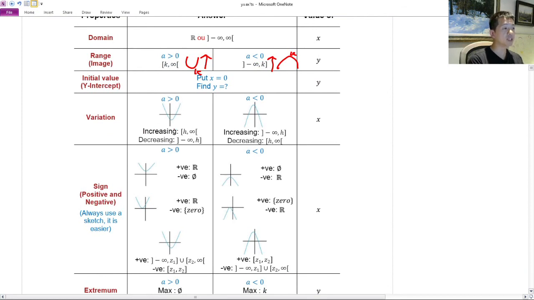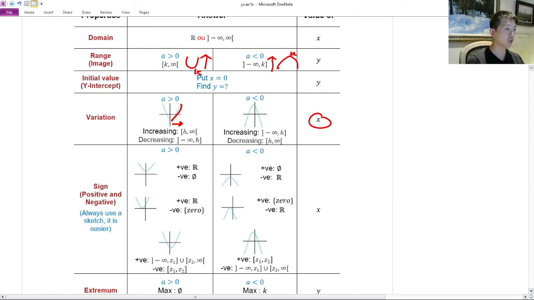Now variation, increasing and decreasing. When does it increase and when does it decrease? Okay, increasing is when it's opening upward. Increasing is actually the part that is going up. So from H to infinity, we represent this using the value of X, sorry, so always using the value of X. That's why I have to use the arrow that is horizontal, looking at the X value.